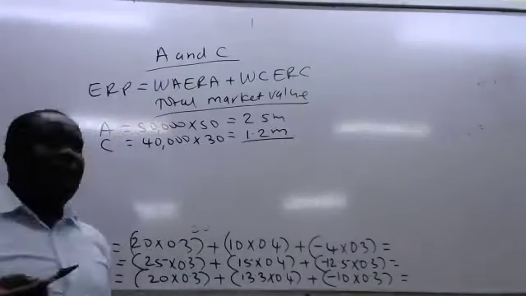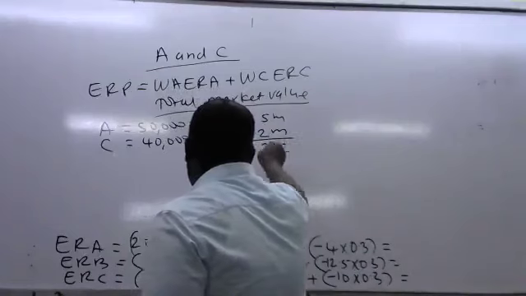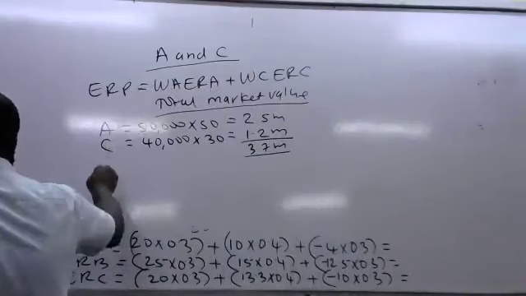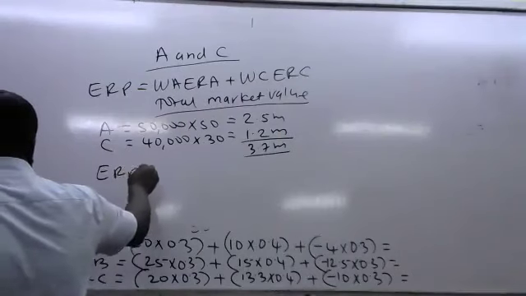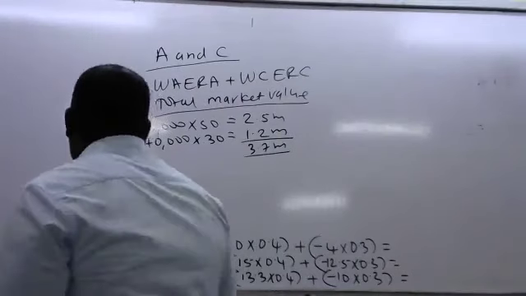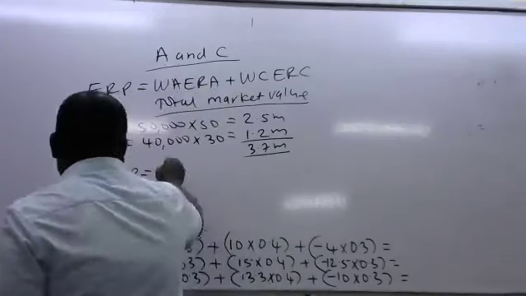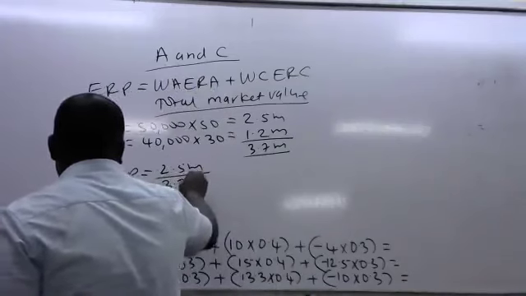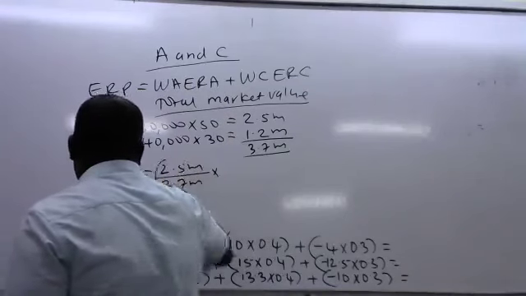So now to get the expected return of the portfolio, the weight for A is 2.5 million divided by the total, which is 3.7 million.